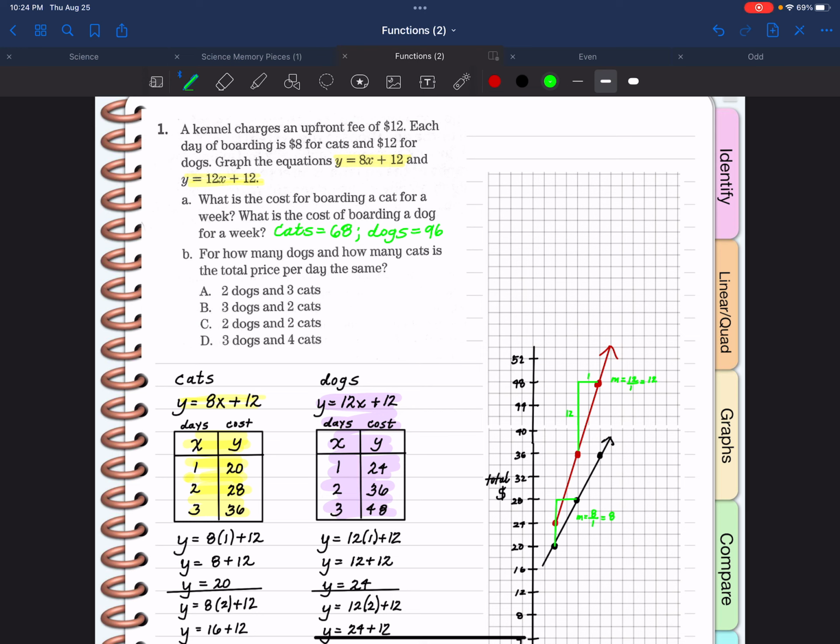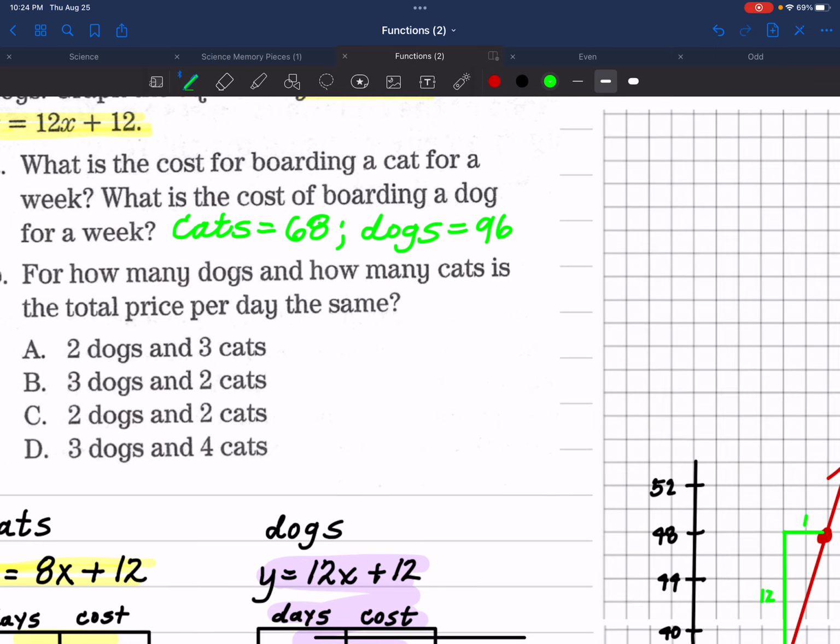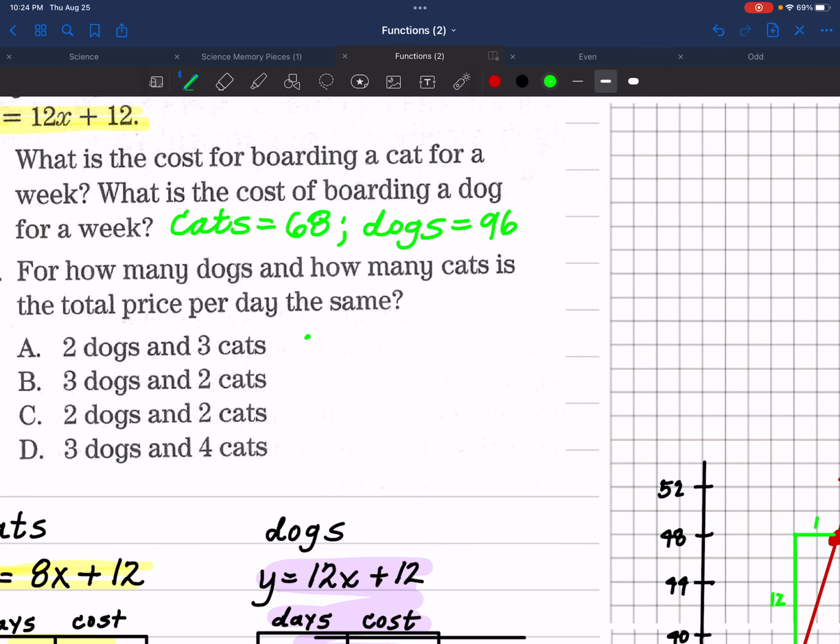And then we need to do part B. For how many dogs and how many cats is the total price per day the same? So they're giving me some choices. This is price per day, so we're dealing with the slope. All right. So let's take the slope for the dogs, which was 12.